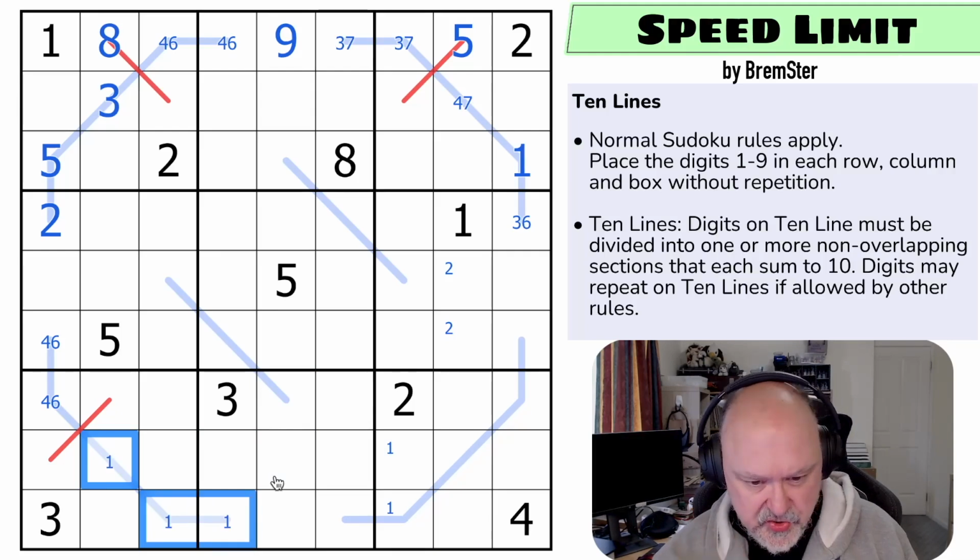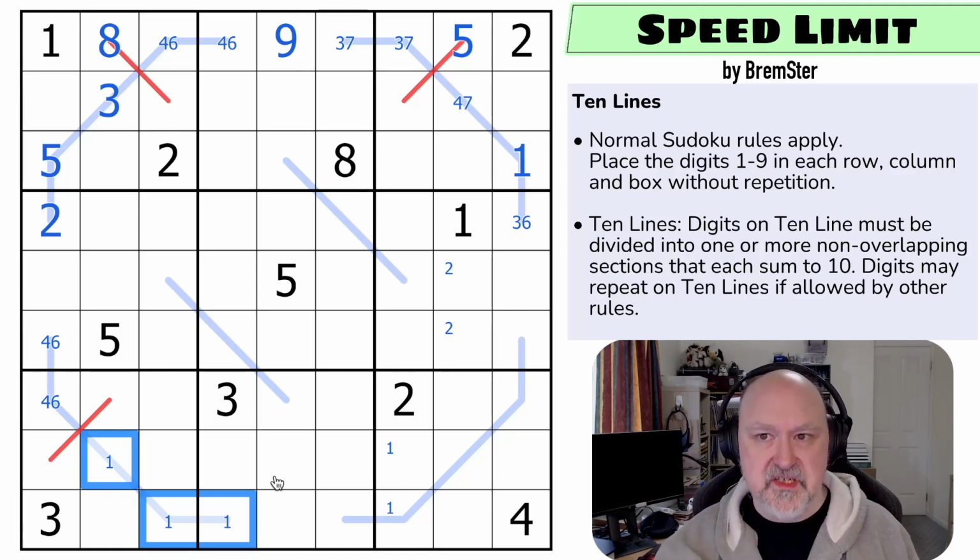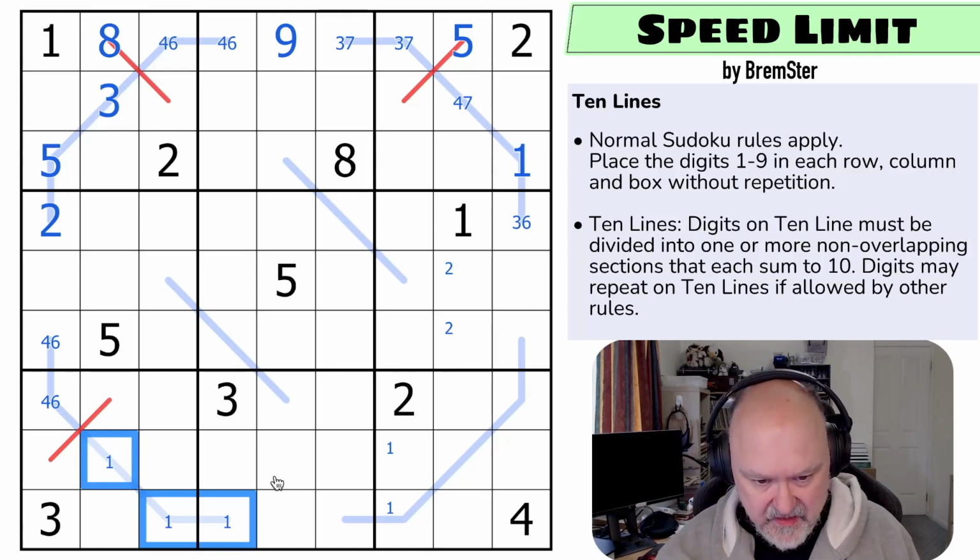If I use a 2, so it's either 1 and then 2 digits something to 9. If it's 127, it can't be 136 or 145 because I've now got 2 digits something to 9, so I can't duplicate again. So 127 can't be 136 or 145. There's no 5 here. There's no 2 here.